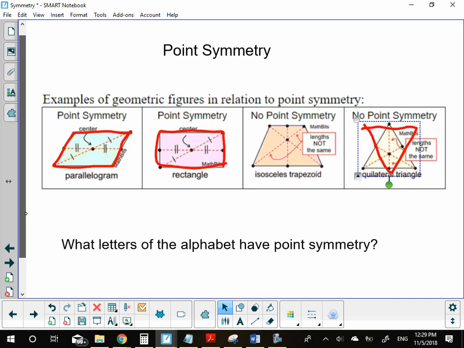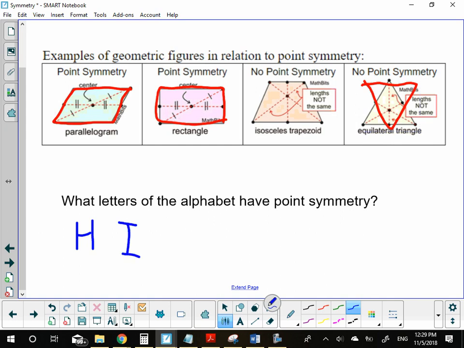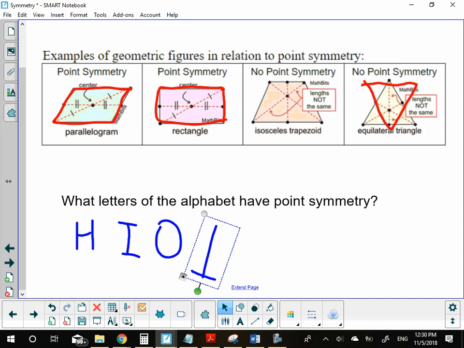So thinking about that, what letters of the alphabet do you think have point symmetry? H. That's a good one. Capital I. O. T. So if I do T, that's still a T?